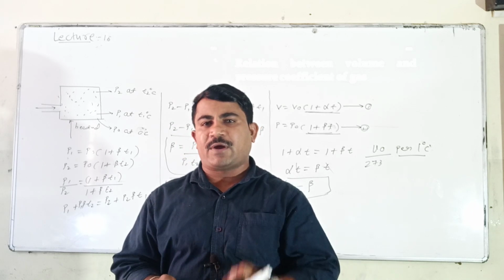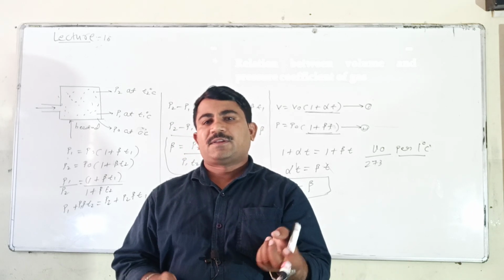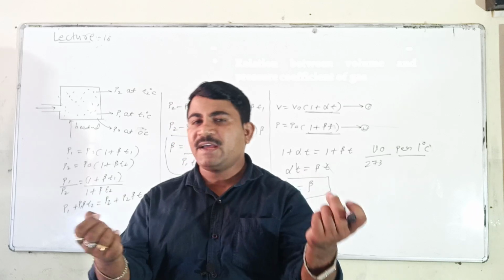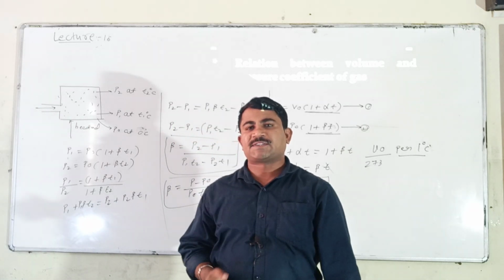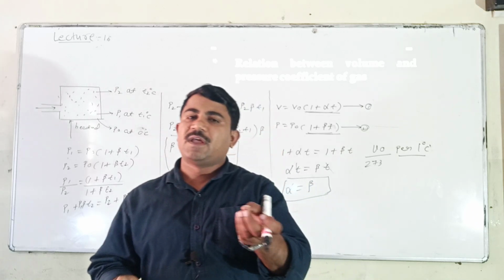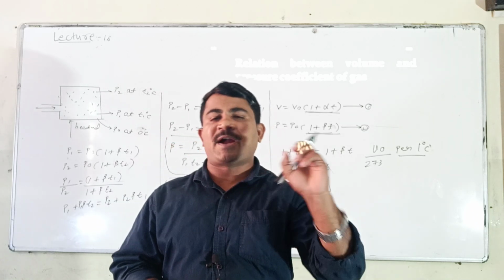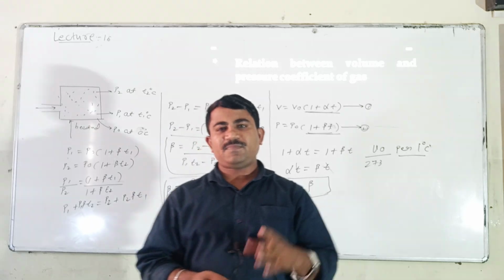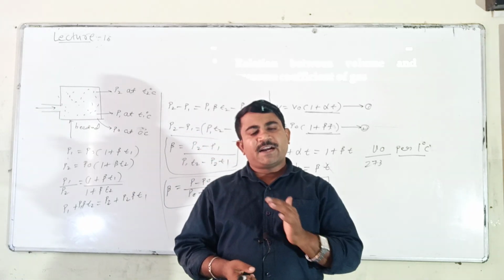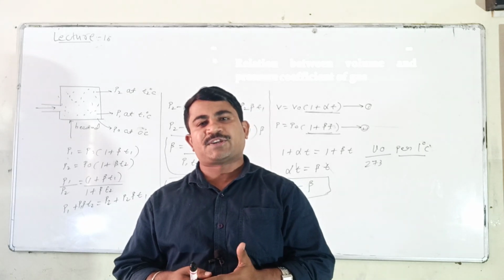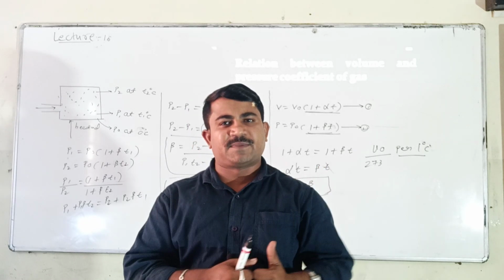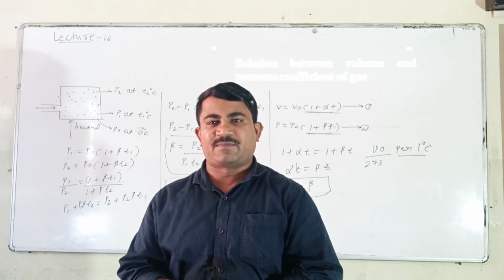In the last class, we dealt with the volume expansion of the liquid. So let us start a few numericals concerned with the expansion of liquid and expansion of gases. Students, already in the last class we have learned about apparent expansion of the liquid and real expansion of the liquid.